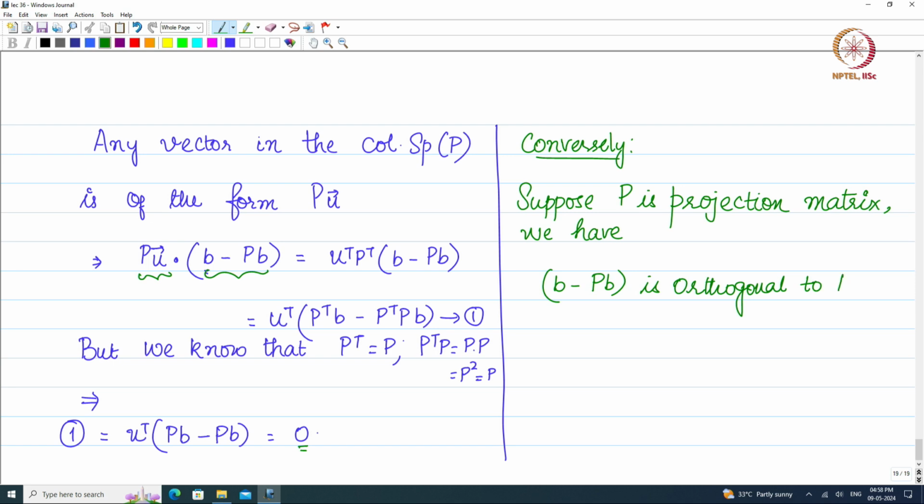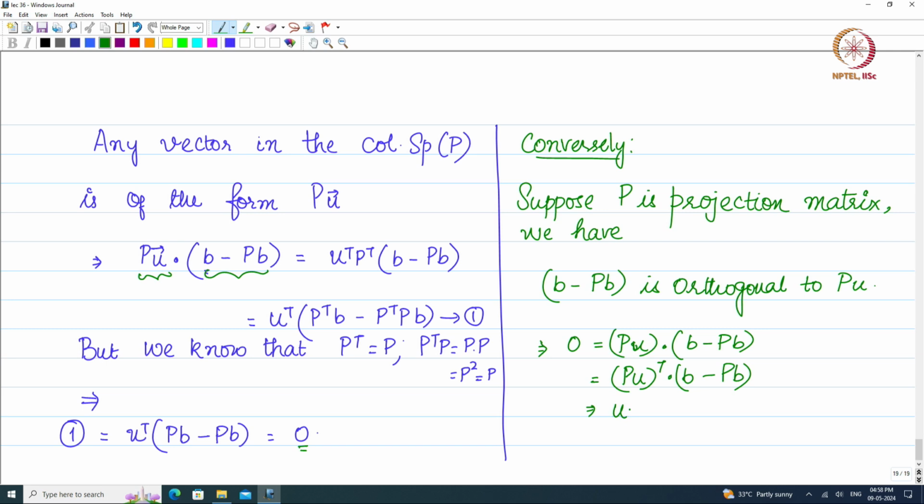So we will say it is orthogonal to Pu, where u is any vector. That means we have 0 is equal to Pu dot B minus Pb, which is nothing but Pu the whole transpose dot B minus Pb.